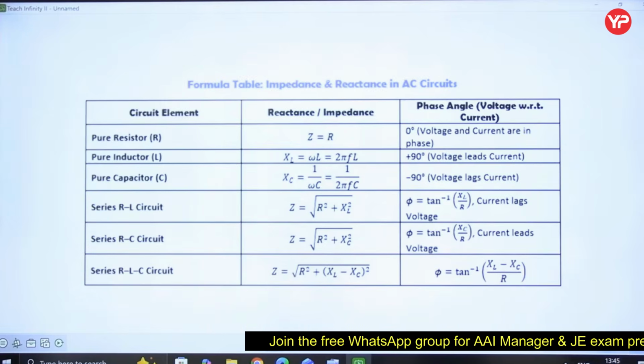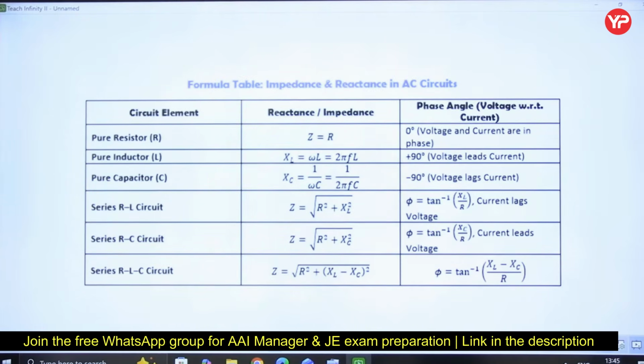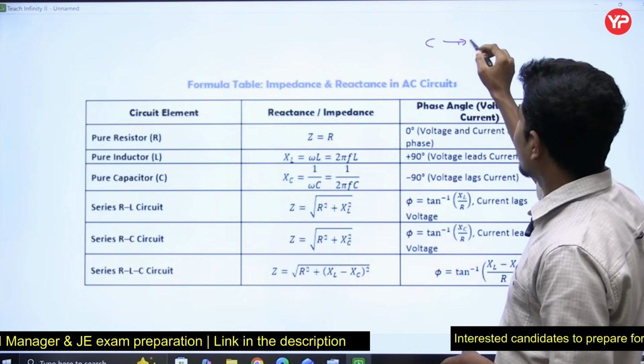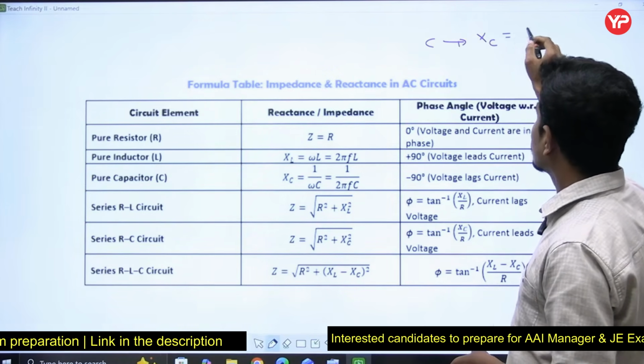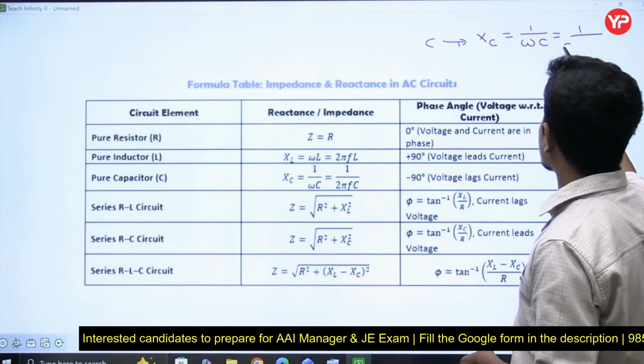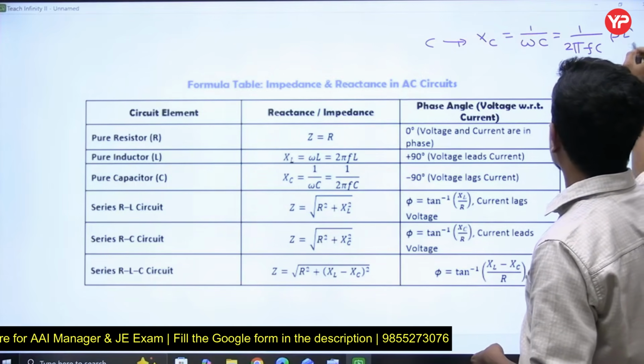Let's go to the next table. In AC, when you apply AC, the capacitor is going to behave like a capacitive reactance XC, which is equal to 1 by omega C. Omega is angular frequency, so it is 1 by 2 pi FC, whose units are ohms, right?